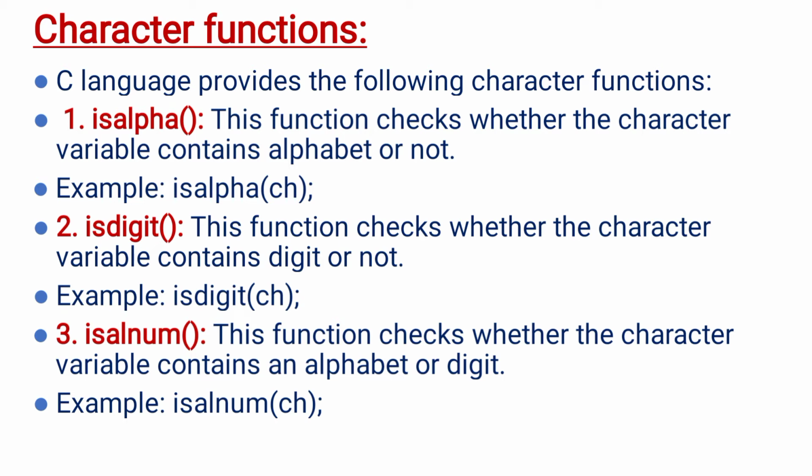If it has an alphabet, it returns true. If it has a digit, it returns true. Except these two, for any other value, it returns false. Example: isAlNum(ch). Here ch is the character variable.